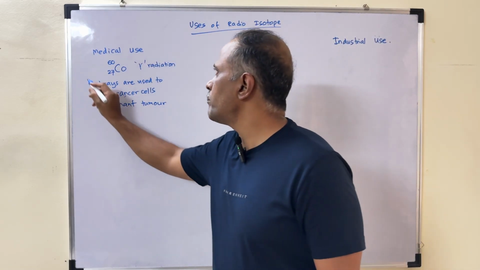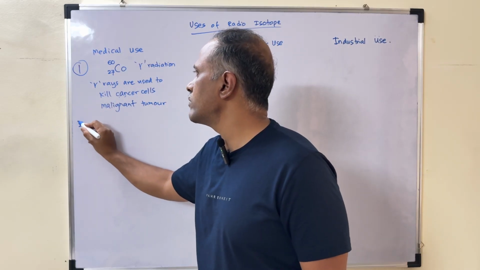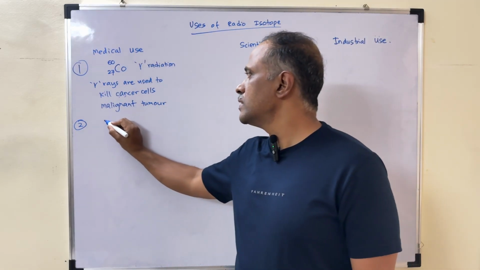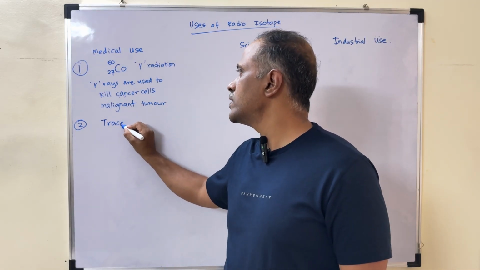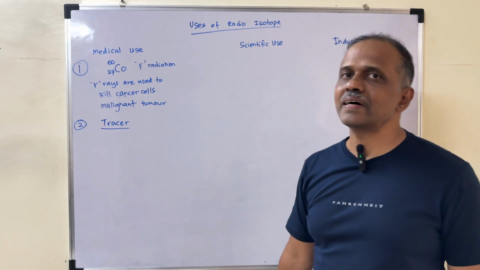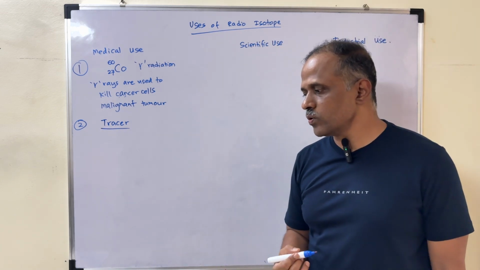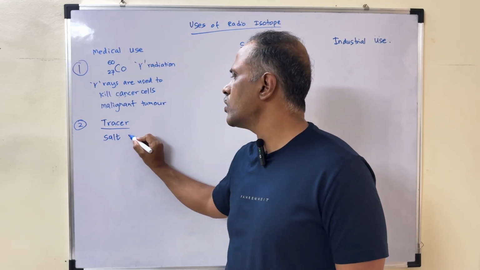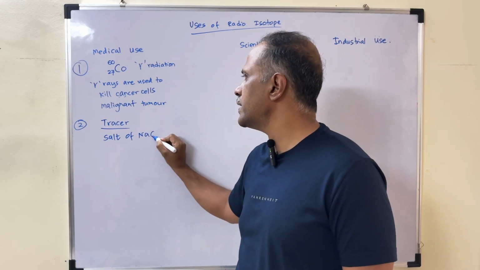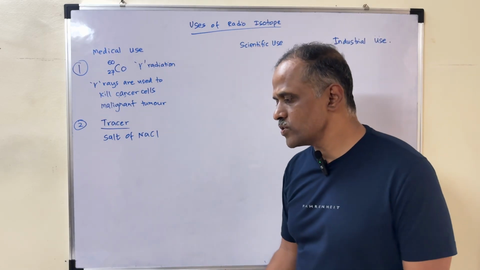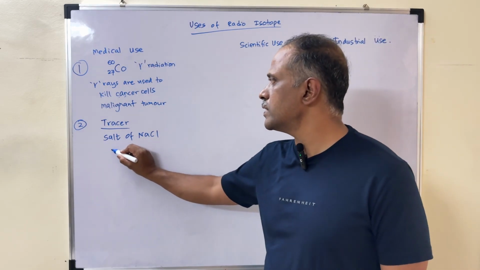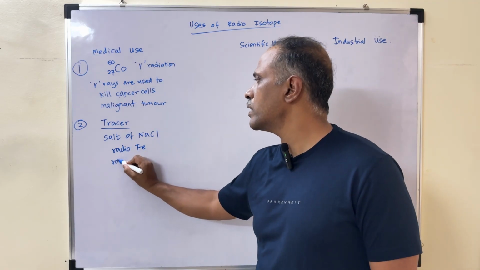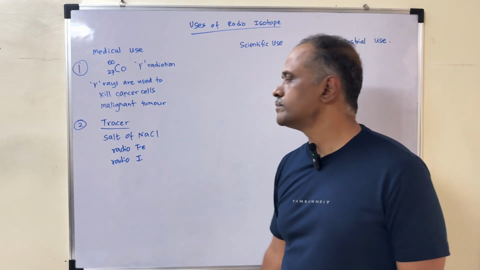Now, apart from this, the second medical use is also very important. We will discuss something called radioactive tracers. What are these tracers? The tracers are weak salts of radioactive substances, let us say NaCl, or radio iron Fe, or radio iodine.